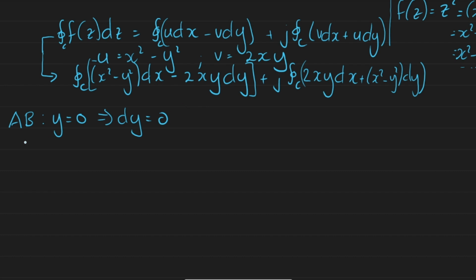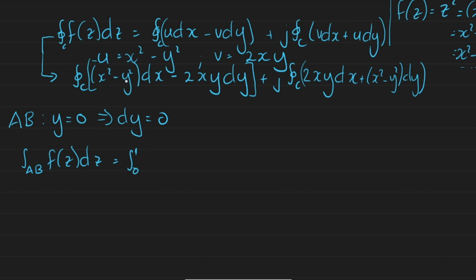What this means, if we now apply this for AB, we take the line integral of AB of f(z) dz. That's going to equal, firstly, this entire term will disappear because dy is equal to 0, and so will this term because y is equal to 0. So we're going to integrate from 0 to 1. That's our boundary of integration for x.